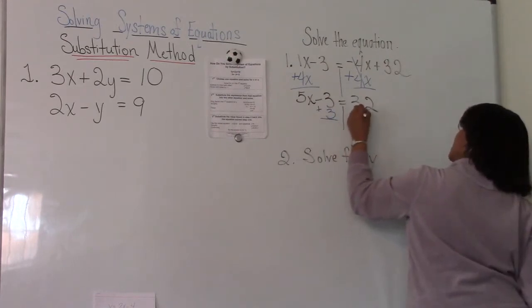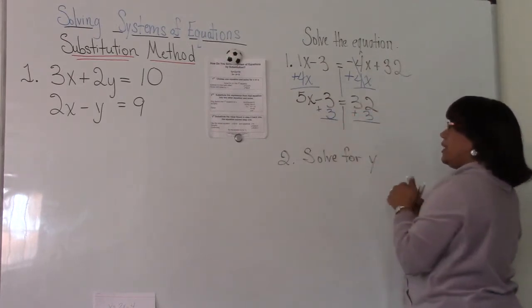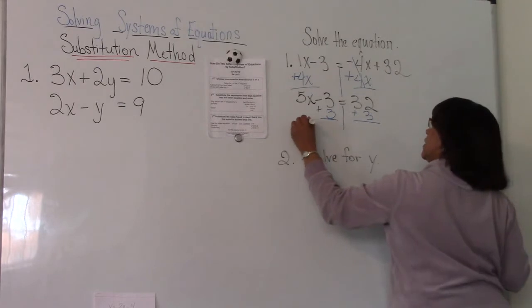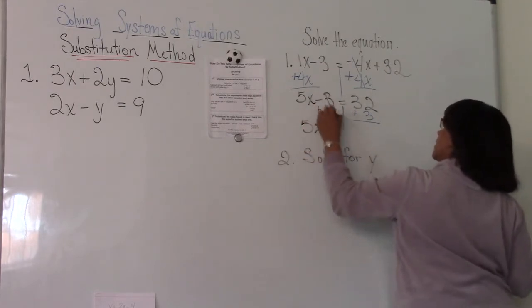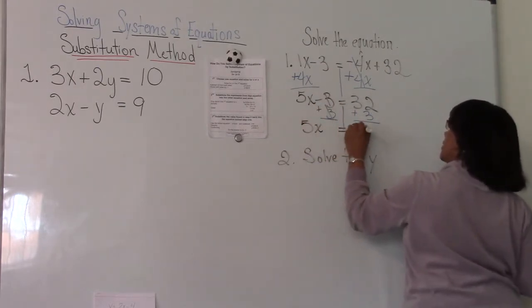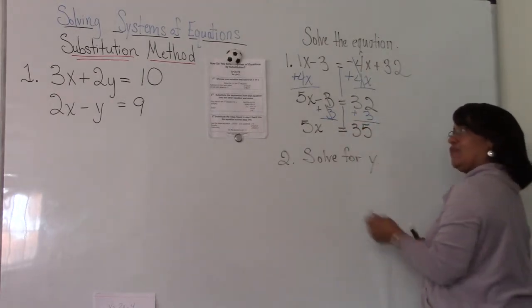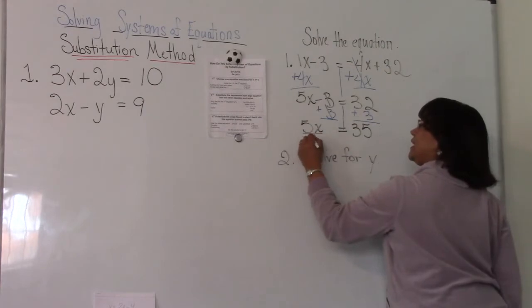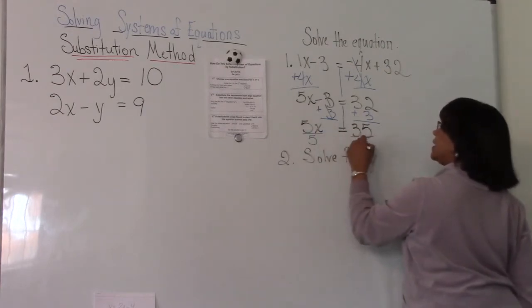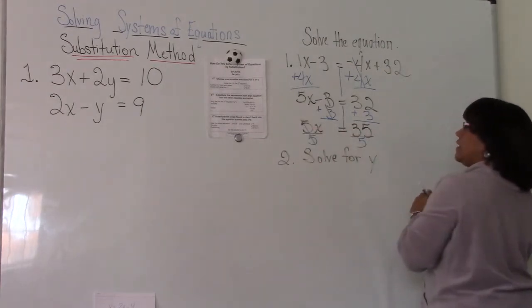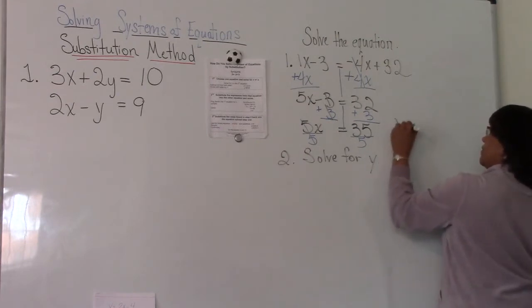Keep it balanced. And we have 5x is equal to 35. But we still have x with 5, so we have to undo our multiplication by dividing both sides of our equation by 5. And we get x is equal to 7.